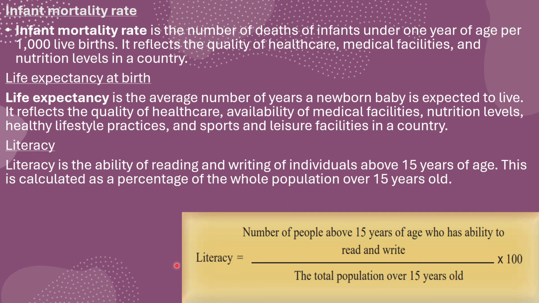Literacy equals the number of people above 15 years of age who have the ability to read and write, divided by the total population over 15 years of age, and after you get that answer you multiply it by 100 and then you get the answer.